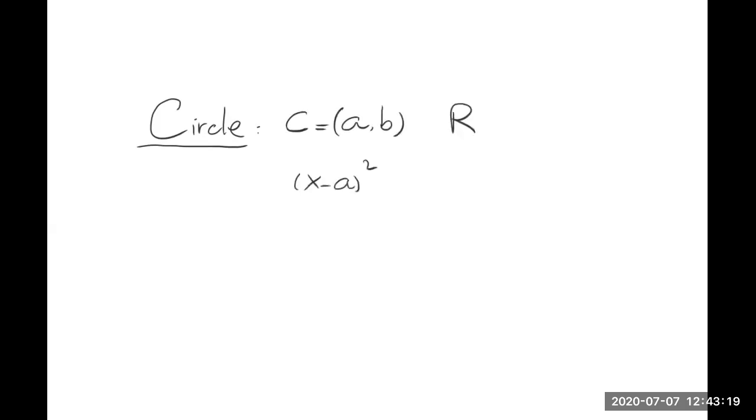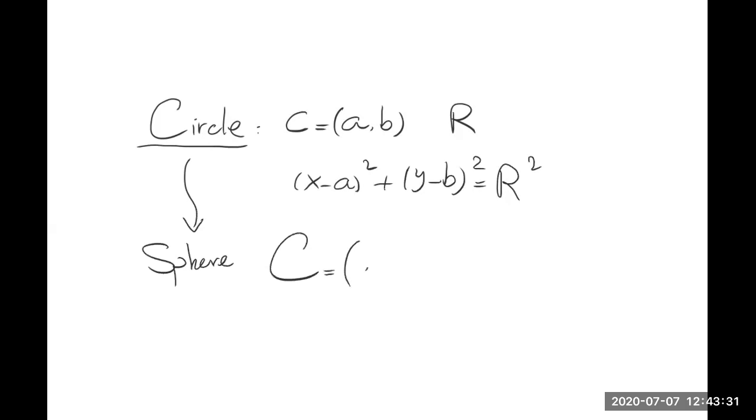So equation of a circle, let's sum up. Equation of a circle with center C equals to, say, a and b with radius r is x minus a squared plus y minus b squared equals r squared. If you go one dimension higher, we get to sphere.